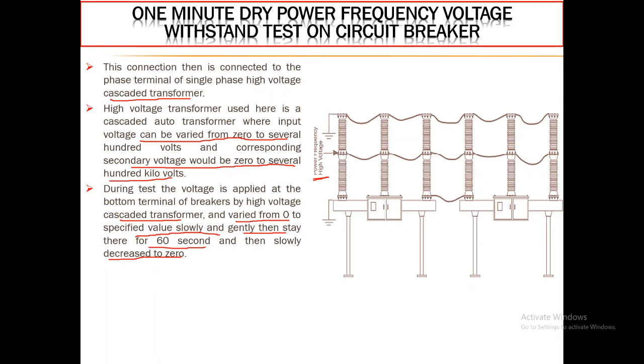The rate of rise of voltage to reach the required test voltage level is 2 kilovolt per second, as defined by the IEC standard.